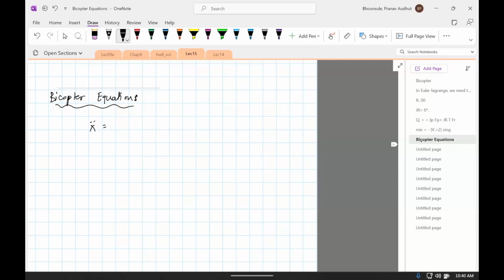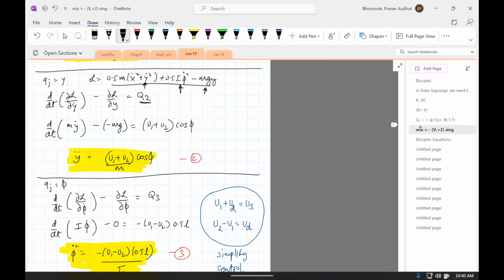x double dot equals minus u_S divided by m times sine of phi. Sorry, I'm missing something. I forgot the mg completely. If the mg moves, the other side will be minus mg, so when you divide it by m, you'll get g. So I'm missing that term. Sorry about that.